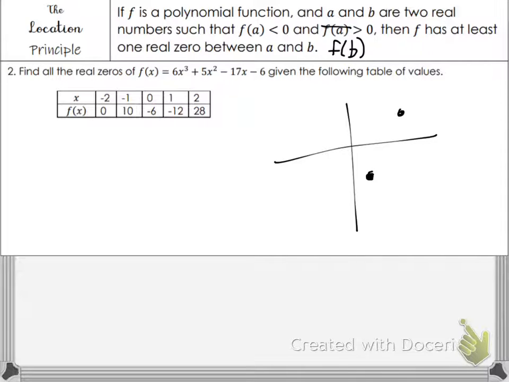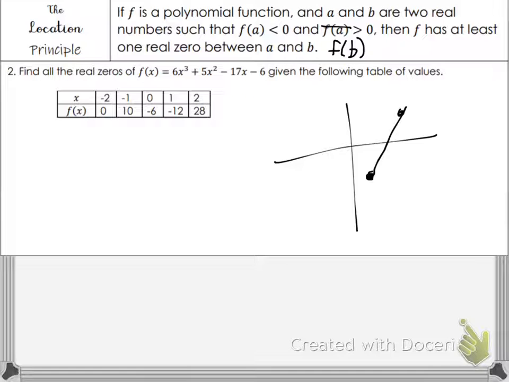Then it's saying f has at least one real zero between a and b, which makes sense because these points would have to connect. Is it crossing the x-axis between those two points? Yeah, it is. So if I have one that has a y value that's negative, one that has a y value that's positive, somewhere between those two points there's got to be a real zero because it's crossing my x-axis. That's essentially what the location principle is saying.